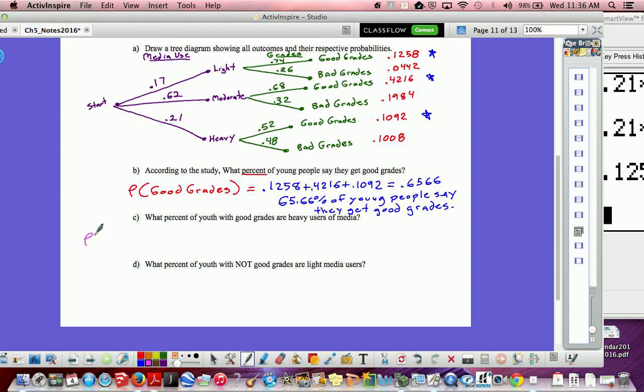So what's the probability that you're actually trying to find? Or percent? Let me rephrase it this way then. What is the given information in this problem? What information do you actually know?